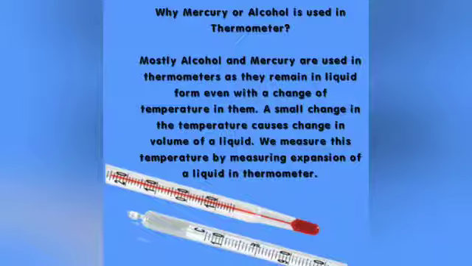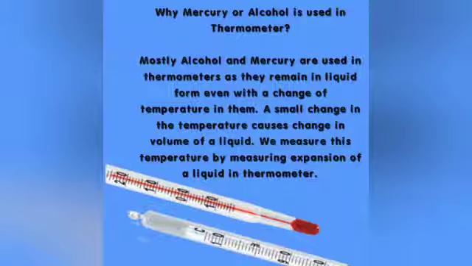Mostly alcohol and mercury are used in thermometers as they remain in liquid form even with the change of temperature. For example, when water is heated up, it gets evaporated. It turns into vapors. The same way, when the water is kept in a cold place or in the fridge, it turns into ice cubes.